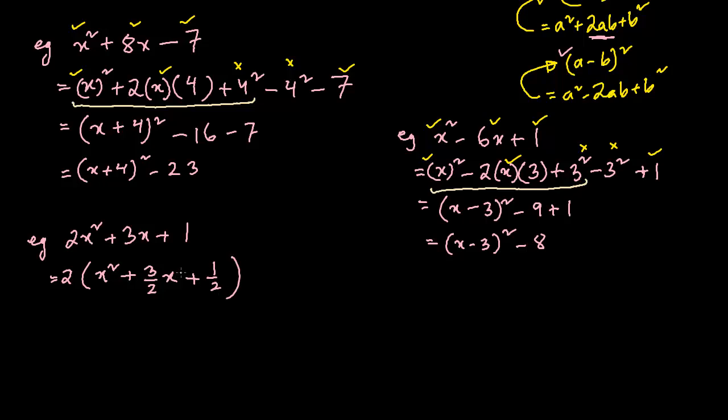So this is a bit more complex than the previous sums, which were more with integers. So let's start. This one is going to be a squared plus 2a, and b has to be such that 3 by 2 comes back, so we can write 3 by 4, so that this 2 and this 4 cancel out and we get 3 by 2.